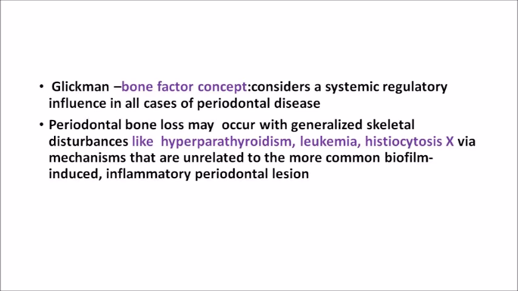Now, periodontal bone loss may occur with generalized skeletal disturbance like hyperparathyroidism, leukemia, histiocytosis X, etc. by mechanisms that are unrelated to biofilm. So, like Glickman proposed, there is periodontal bone loss happening with a variety of systemic skeletal diseases. But this is not the only reason for periodontal bone loss, or there need not be a systemic regulatory influence in case of all periodontal disease.